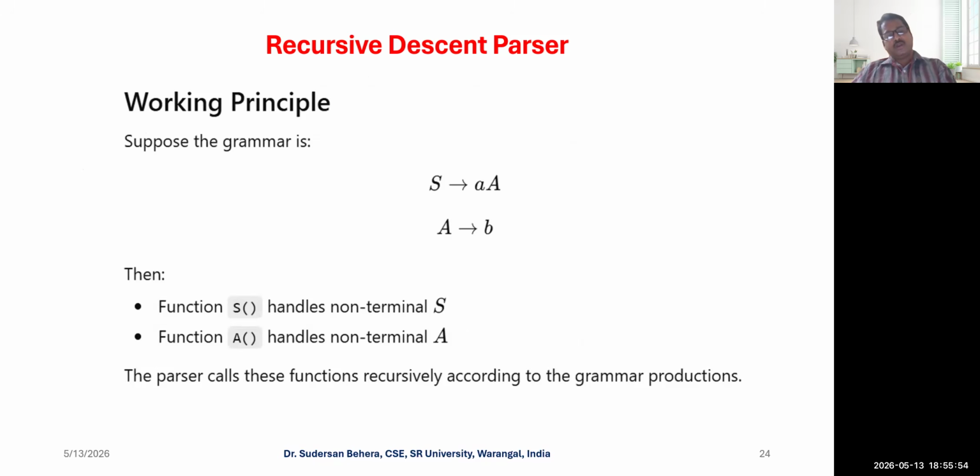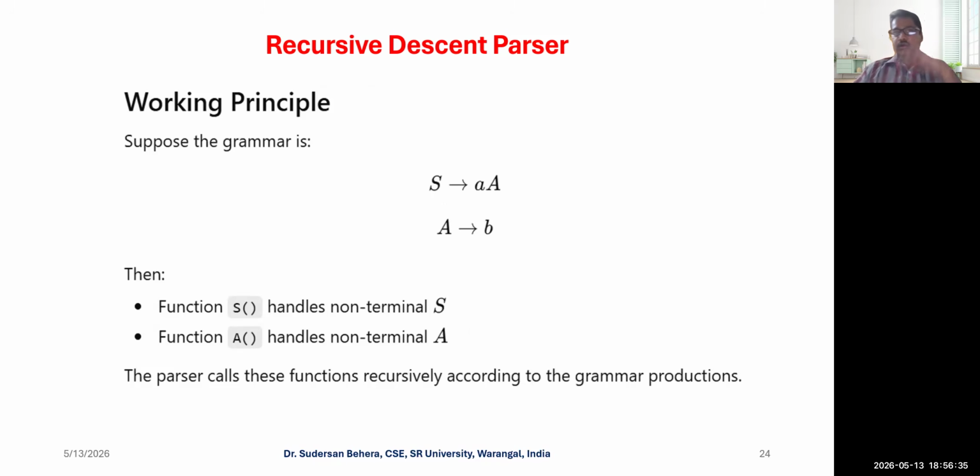Now this is the working principle of the top-down parser. Suppose the grammar has S derives A as one production and A derives B as another production. Then there will be two functions, because two non-terminals are there, one is S, another one is A. One will represent capital S, whereas the other will represent non-terminal A. The parser calls these functions recursively in the way they appear in the grammar and the way the strings can be generated.